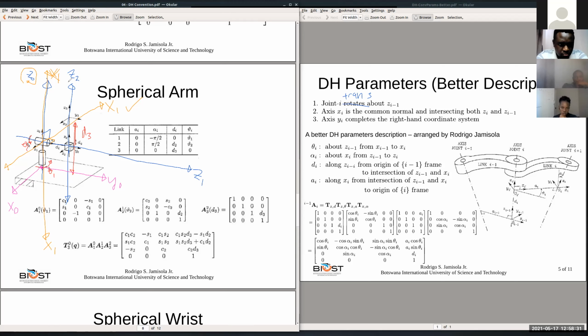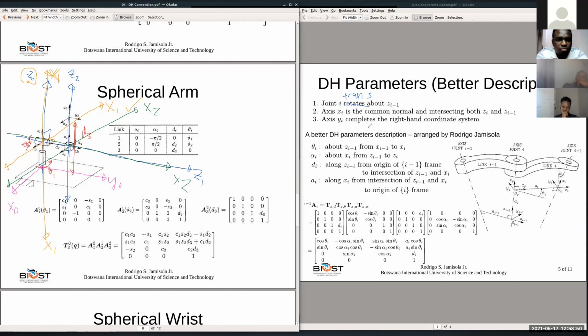If that is the direction of Z2, what is normal to it could be here. That could be your X2, or again, it could be in that direction. This could be your X2.